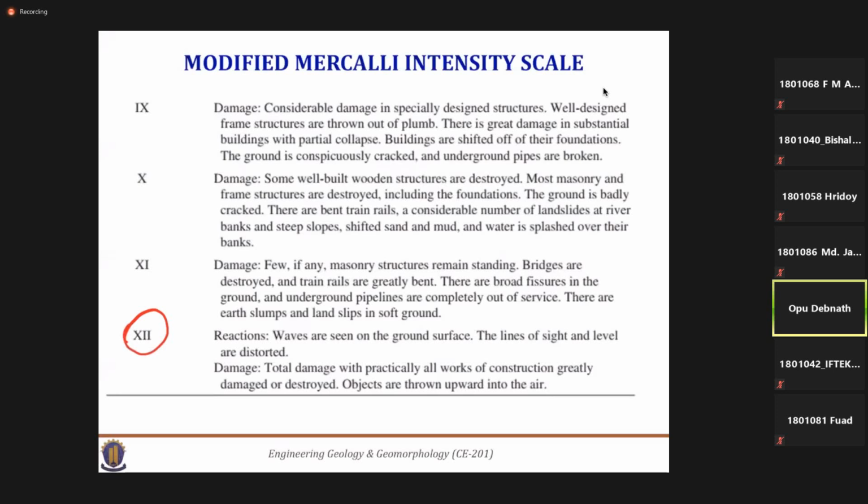The lines of sight and level are distorted. And the damage is total, with practically all construction greatly damaged or destroyed. Objects are thrown upward into the air. So this is the maximum point, intensity level 12.